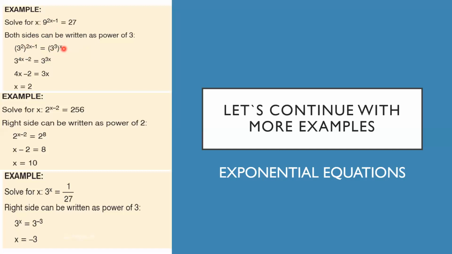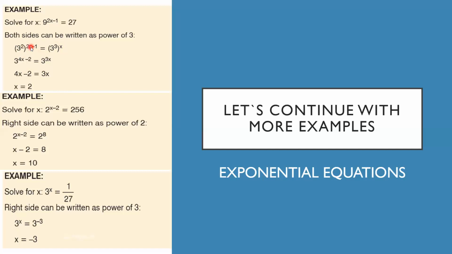Well, in the book it says 3 to the power of 3 to the power of x. No, that is wrong. Just ignore this x. Right. Then, remember, guys, a power of a power will be multiplied. The power in the bracket is 2. The power on the bracket is 2x minus 1.